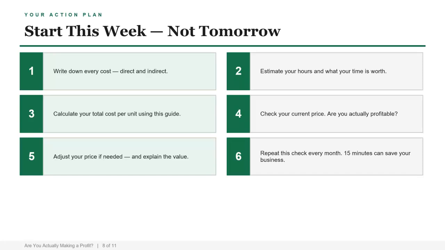Check your current price. Are you actually profitable? Adjust your price if needed and explain the value. And repeat this check every month. This will take you a few minutes, but avoiding it will cost you a lot in the long run. Taking the time to do it will save your business a whole lot more than you can imagine.